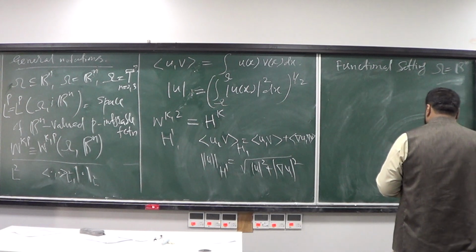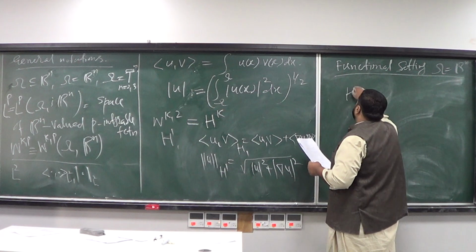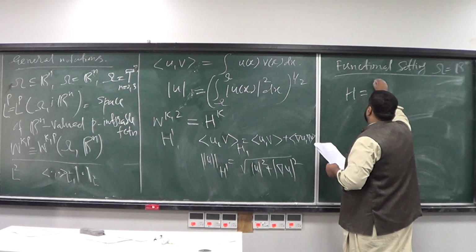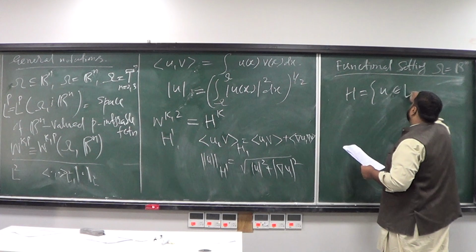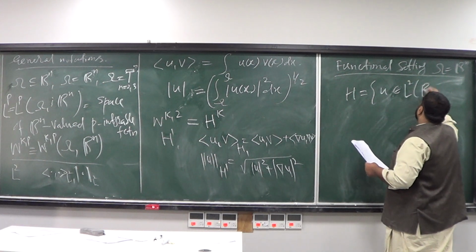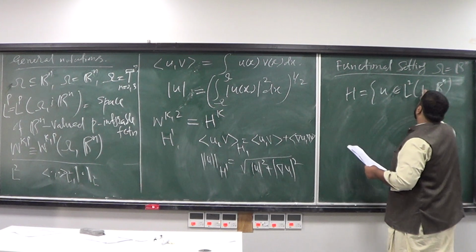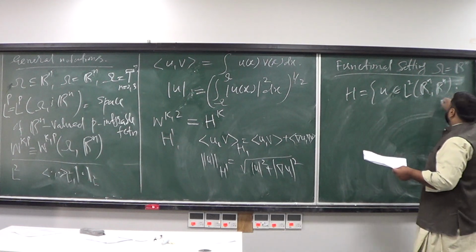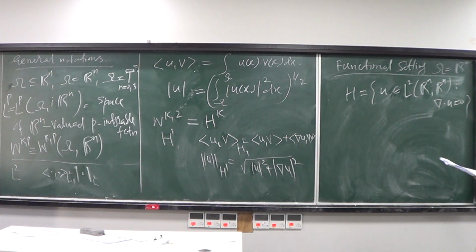In this case, I'm going to denote by H the space of square integrable vector fields taking values from Rn to Rn, where n could be 2 or 3, such that they are divergence free.